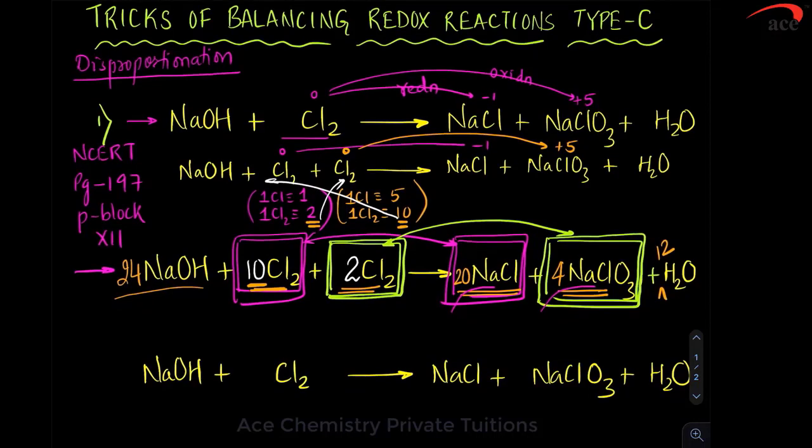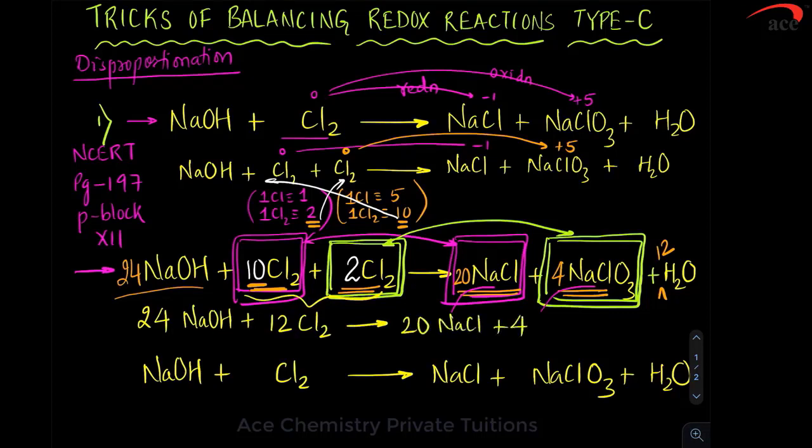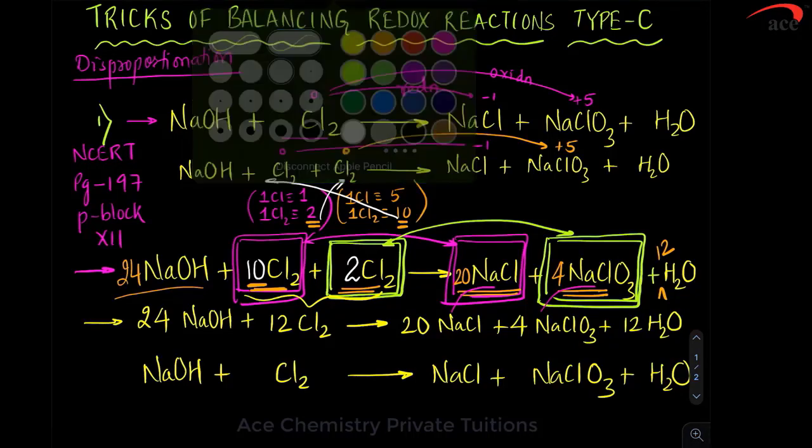Everything has got balanced. So what we do next is we rewrite the reaction. 24 NaOH plus 12 chlorine is going to give you 20 NaCl plus 4 NaClO3 plus 12 H2O. Now we realize there is a common factor 4 which can be removed so that the reaction can be simplified.